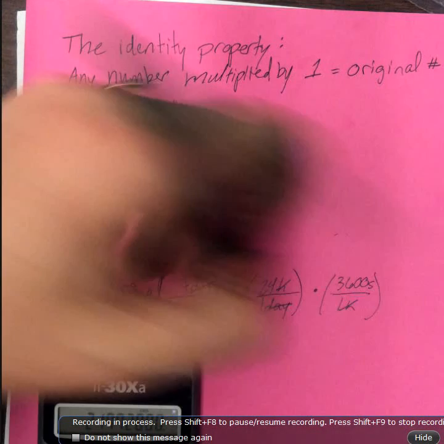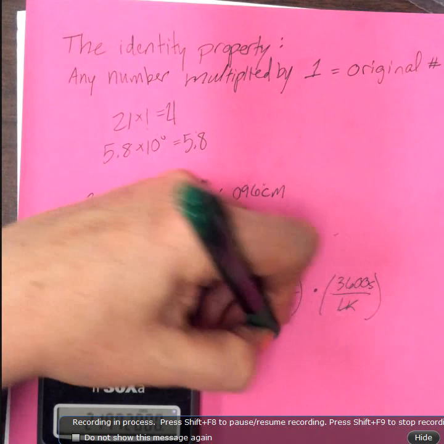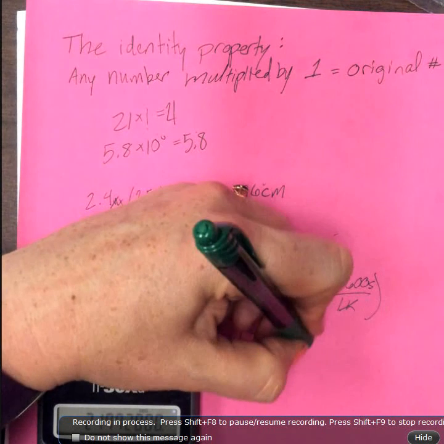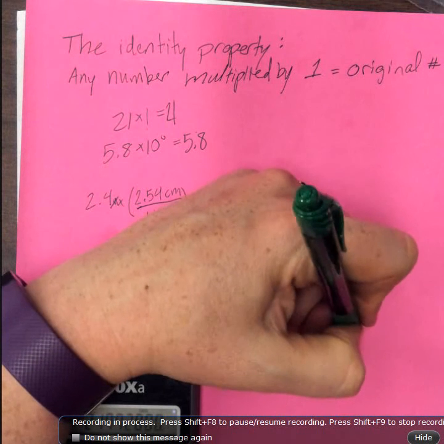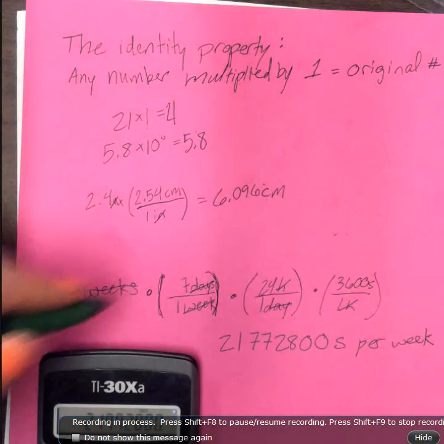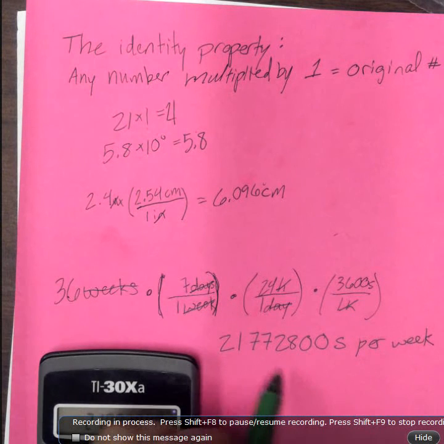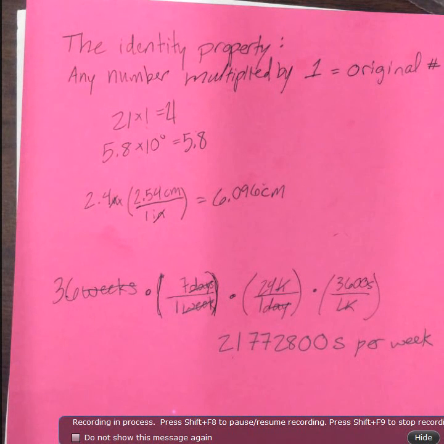So that means that there are 21,772,800 seconds in 36 weeks. This number, 36 weeks, is equal to this number in seconds. So that gives you an idea of how to do dimensional analysis with the units.